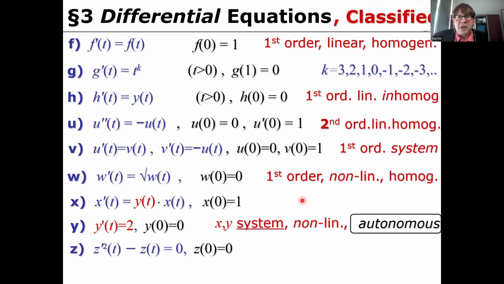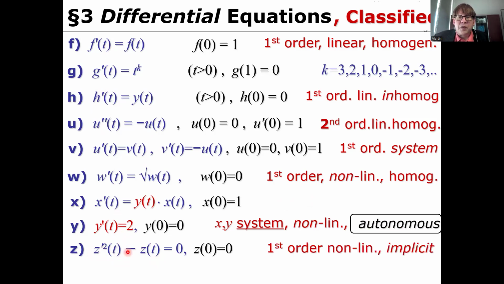Then we also considered an example of an implicit differential equation. Implicit because all these other equations were explicit. They had the derivative on the left equal to something. Here the derivative is inside of the equation, and even inside of a square function.